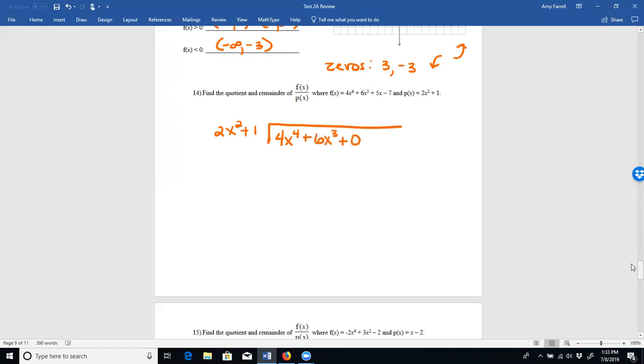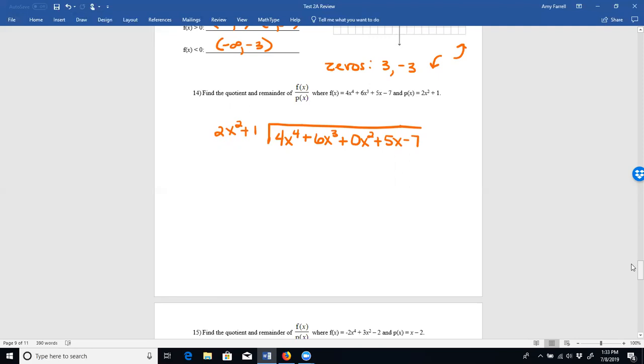And I'm also going to throw in a 0x squared. I like to keep like terms lined up. So by putting in a 0x squared, I can keep everything lined up. I was just noticing that the dividend is missing a term. So I'm going to put in a 0x squared.